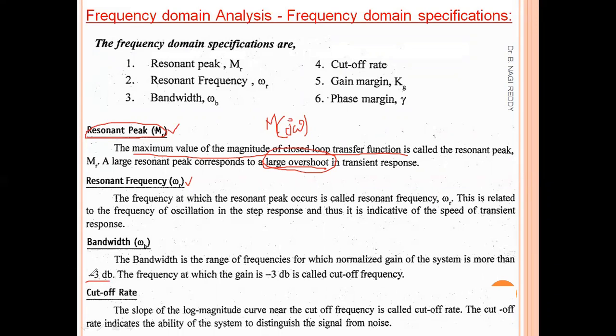So minus 3 dB is the cutoff value to determine the bandwidth of the system. The frequency at which this minus 3 dB occurs is called the cutoff frequency, right?